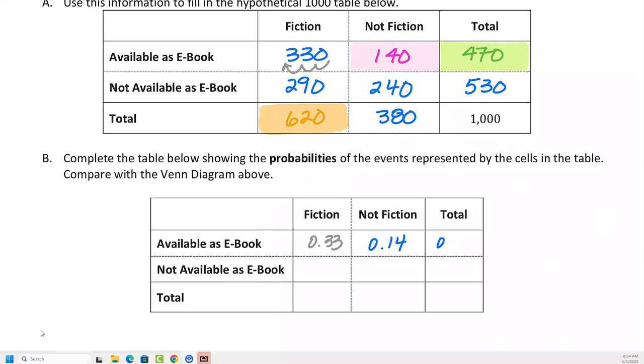And the next one to the right, 0.47. And then I'm going to take the 290, that becomes 0.29. 240 becomes 0.24. 530 becomes 0.53. 620 is 0.62. 380 is 0.38. And then obviously 1,000 divided by 1,000 is 1, and I'll put 1.00 since everything is to 2 decimal places.